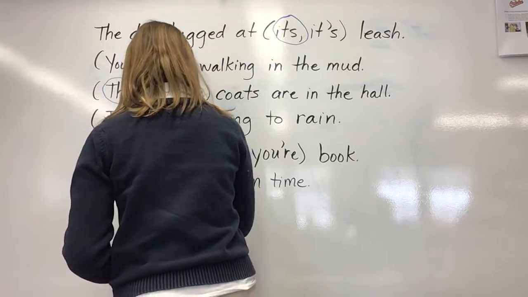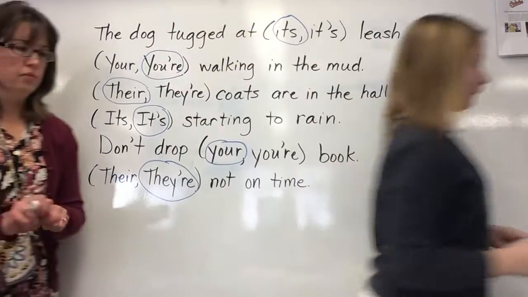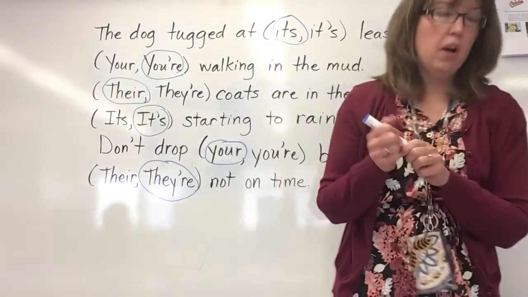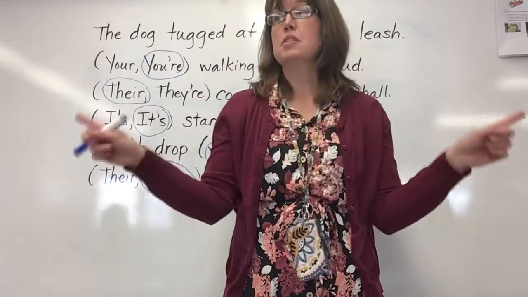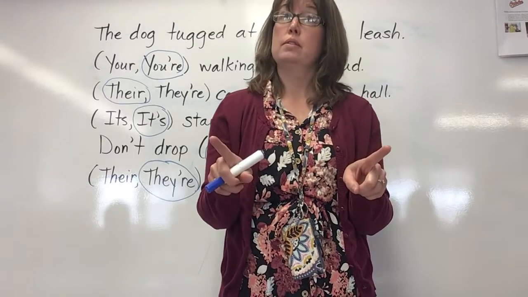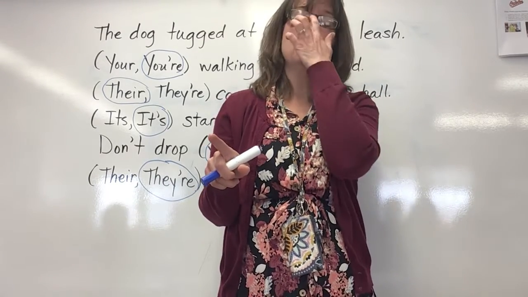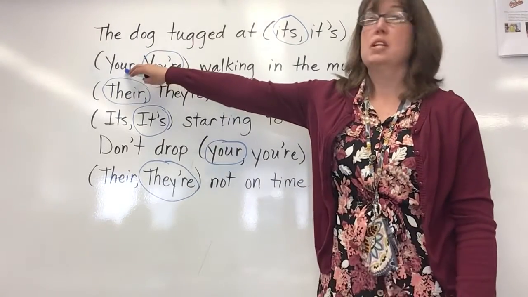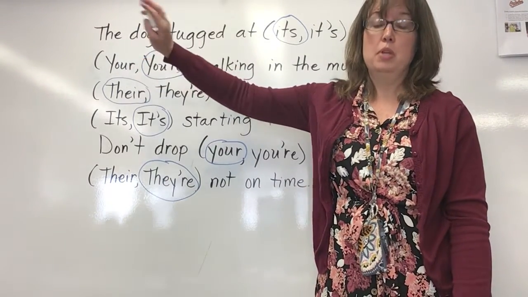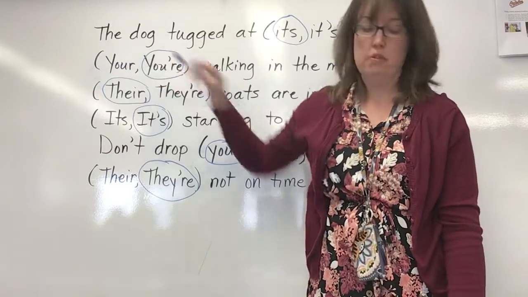Very good. They are not on time. Excellent. Okay? So, you know which word especially seems to get people is your. When they should write the contraction you are, a lot of times I see this. Okay? But you're smart. You're going to use the right one.